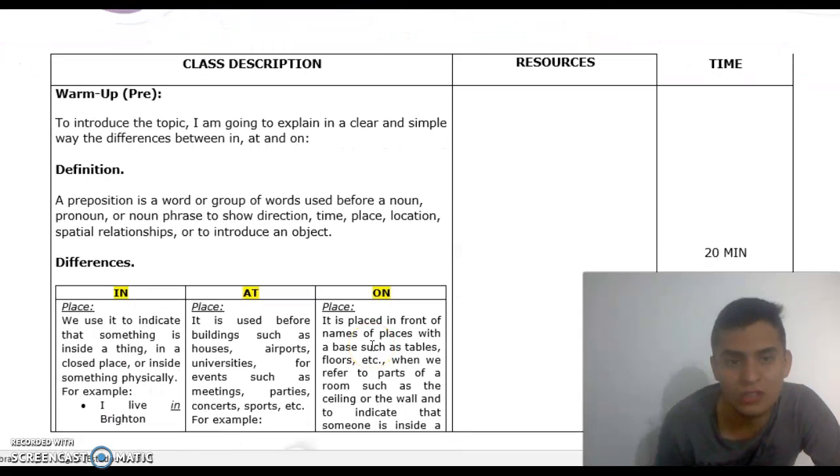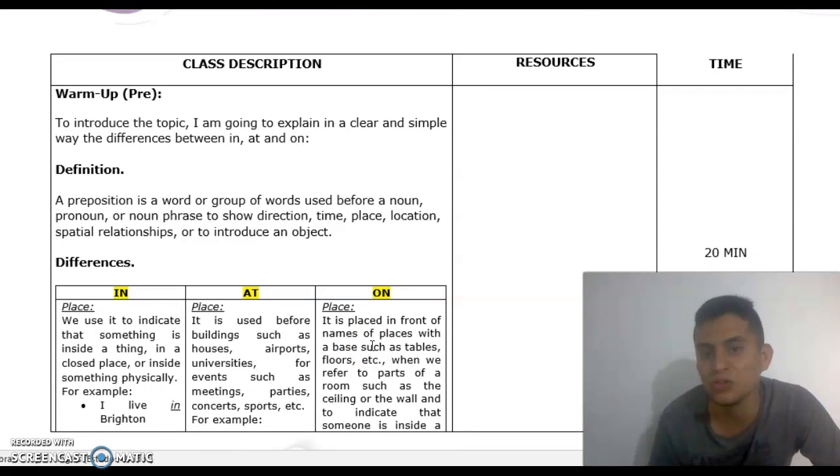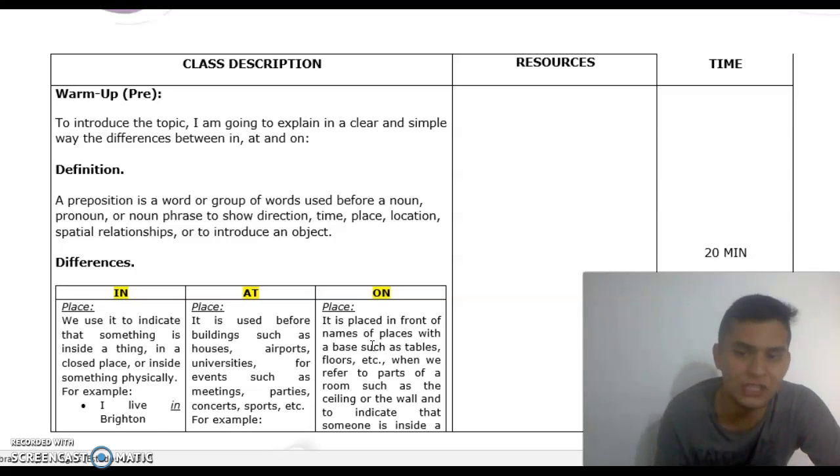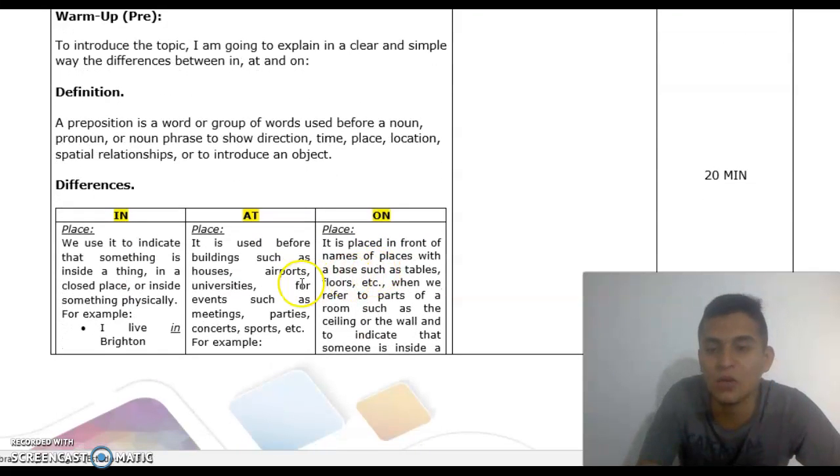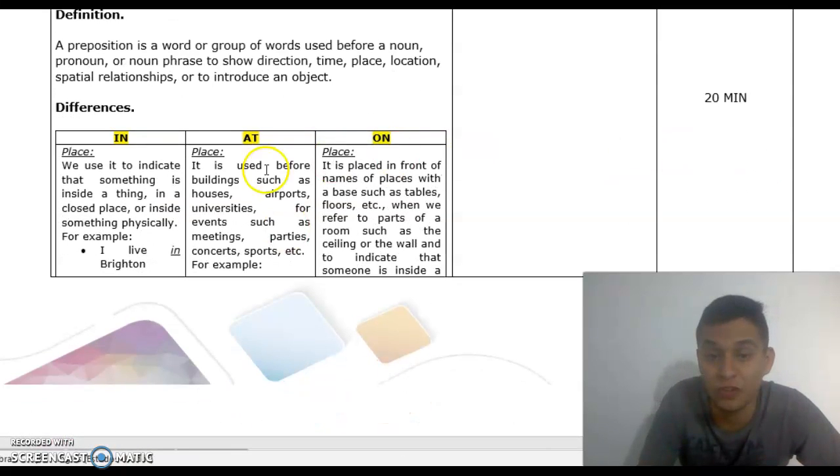To start, we are going to introduce the topic. I'm going to explain in a clear and simple way the difference between them. I'm going to try to give a short definition of each one, and I'm going to use this comparative table. For this, we are going to take 20 minutes.